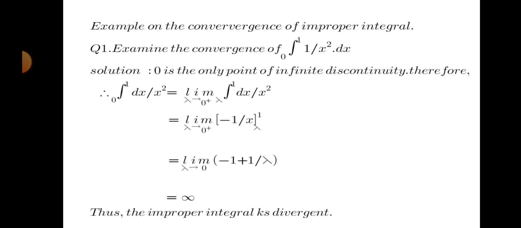We put upper limit minus lower limit, giving the limit of minus 1 plus 1 by lambda when lambda tends to 0, which is equal to infinity. We get the infinite value, thus the improper integral is divergent.